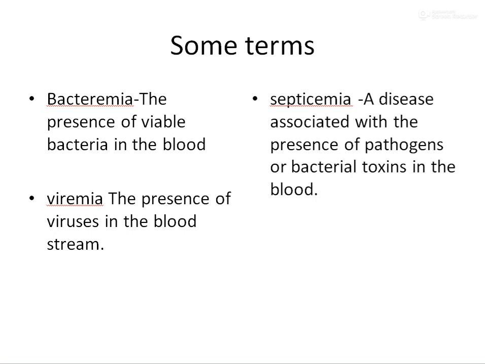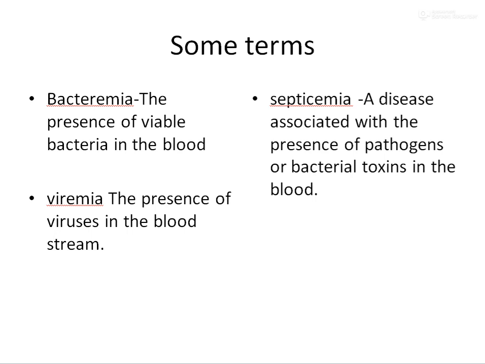There are some other terms I would like to talk about. When viable bacteria are present in your blood, you call it bacteremia. If virus is present in your bloodstream, you call it viremia. And septicemia is a disease associated with the presence of pathogens or bacterial toxins in the blood.